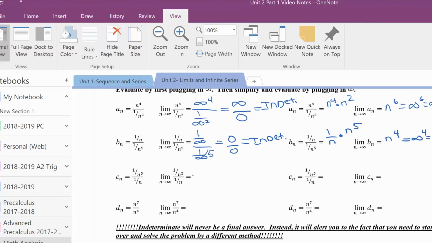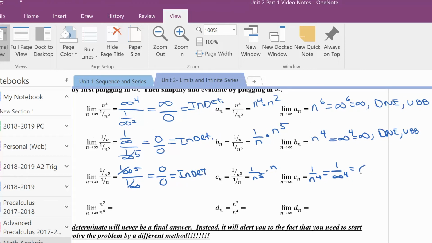So here, 1 over n to the fifth over 1 over n, so 1 over infinity to the fifth over 1 over infinity, that's 0 over 0, which is indeterminate. But if we do the algebra, we get 1 over n to the fifth times n, so it's 1 over n to the fourth, which is 1 over infinity to the fourth, which is 0. So the limit here is 0, not infinite.